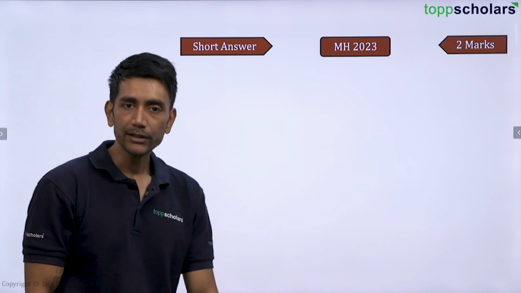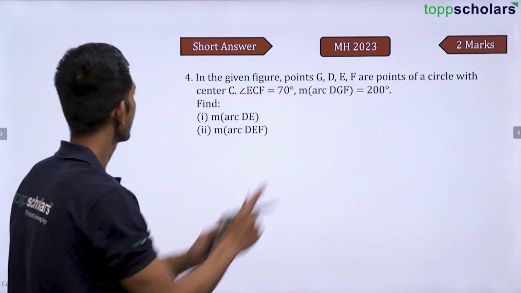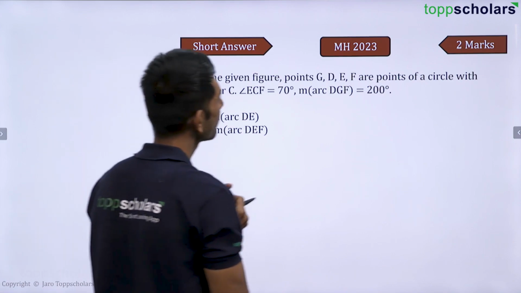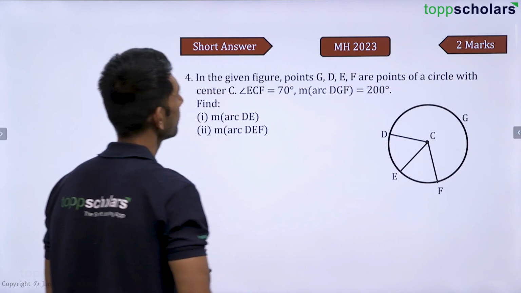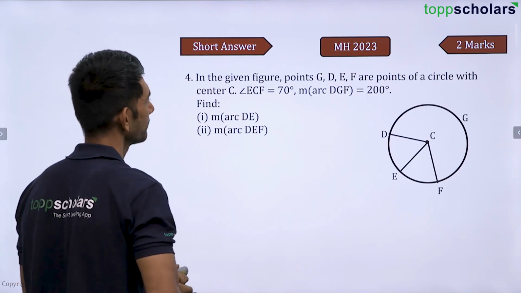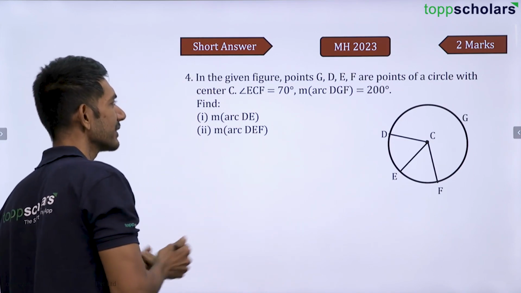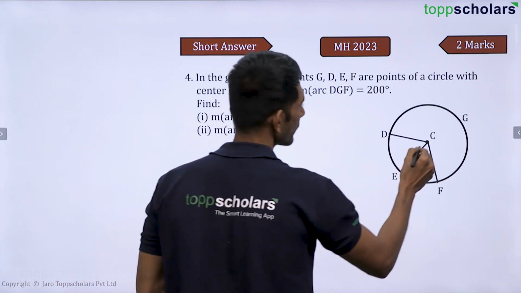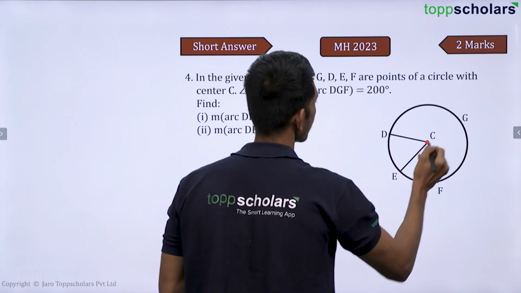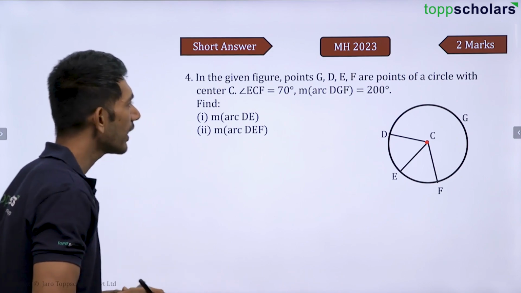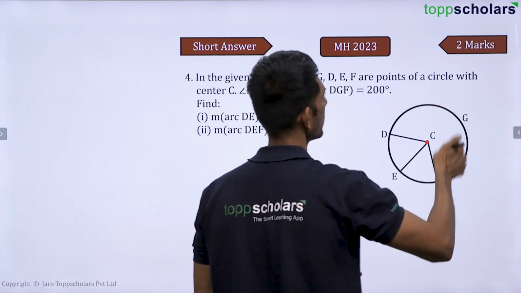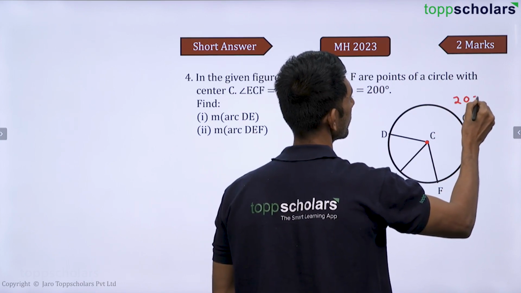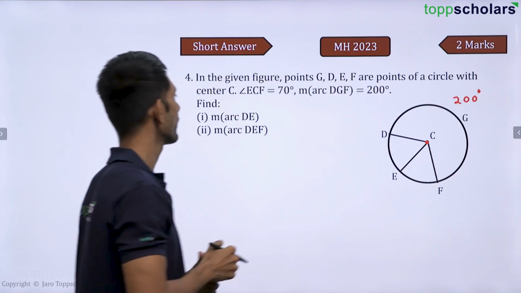Alright then, let's have a look at a new question now. It says, in the given figure, points G, D, E, F are points of a circle with center C. Basically they are on the circle, with center C. C is the center of the circle. And measure of arc DGF is 200 degrees.